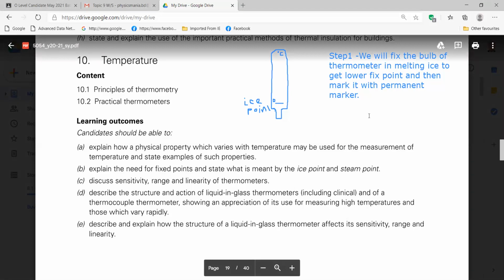And the second step. Step two: we will mark the boiling point.